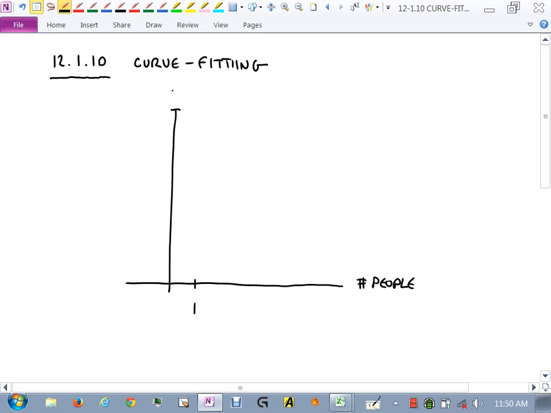Let's do some physical activity like picking up trash or something, cleaning up. Okay, yeah, have you ever seen those crews out on the side of the road picking up trash, right? Okay, if I have one person doing that, it takes, let's say, 3 hours to, let's say, clean half an acre. All right, I'm just making this up right now, okay? If I have one person, it takes 3 hours. If I have two people, it actually takes 5 hours.